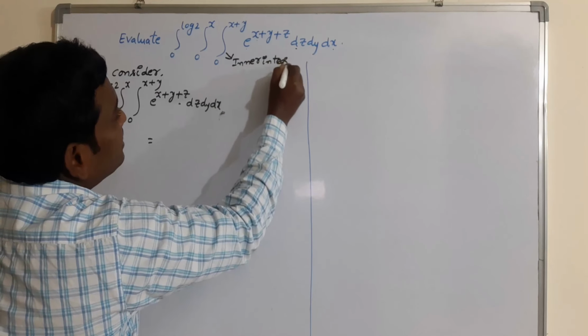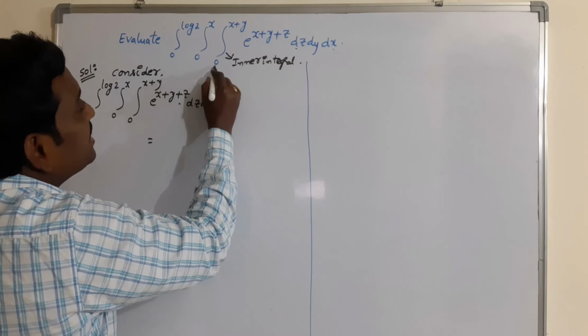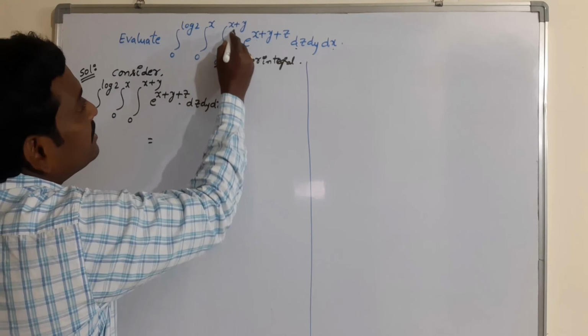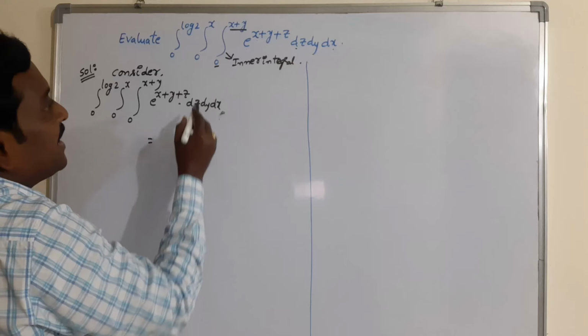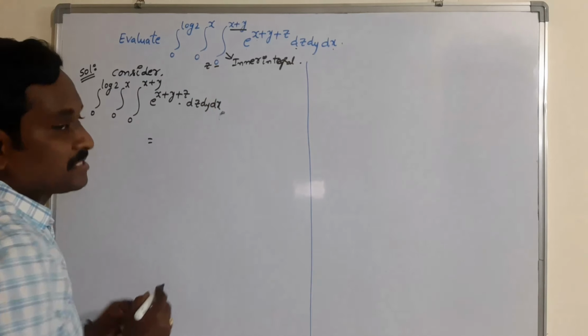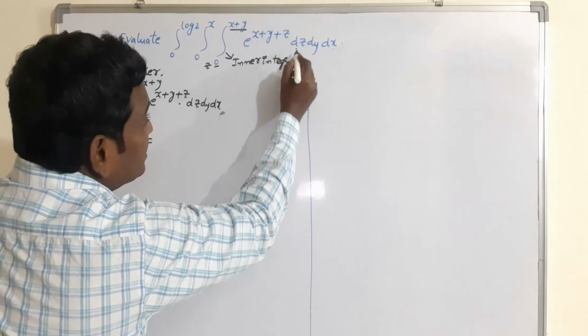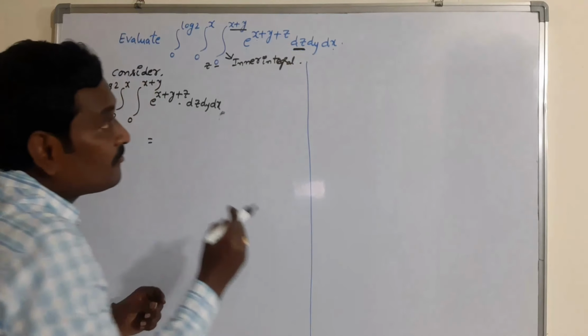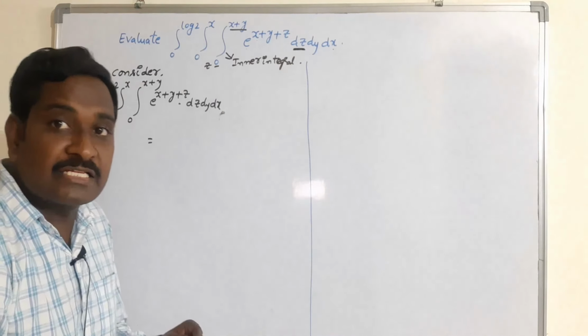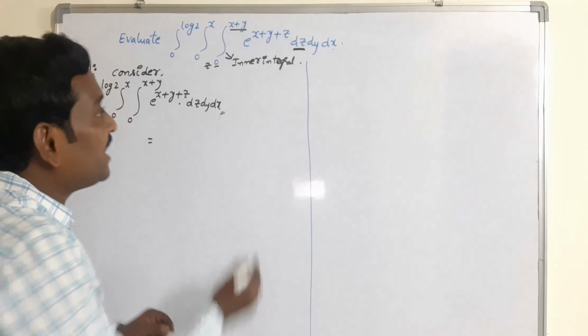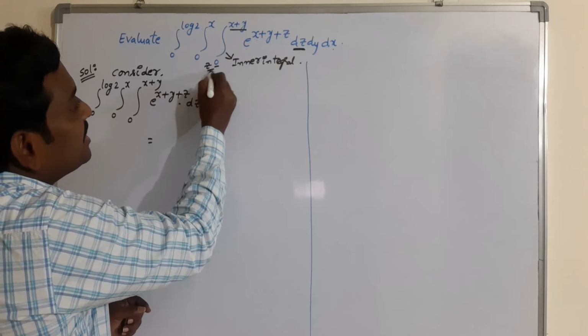Clearly we are observing that the limits of the inner integral are in terms of x and y. That's why these are the z limits. Also we have to observe the order of the integration. Here we have dz, so first of all you have to take the integration with respect to z only. That's why the inner integral should be the z limits.